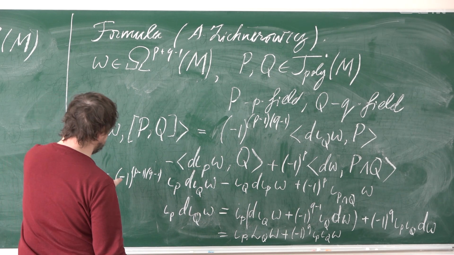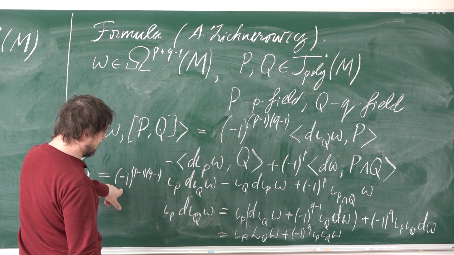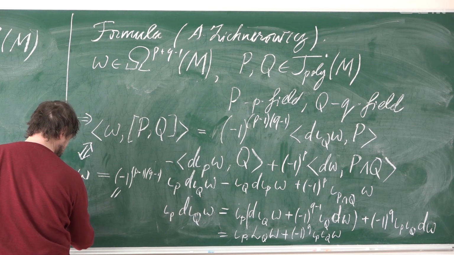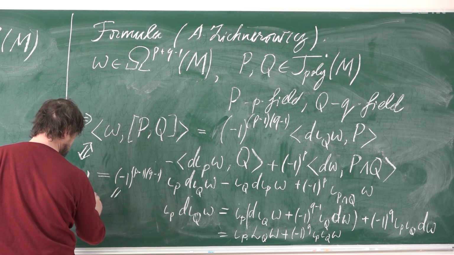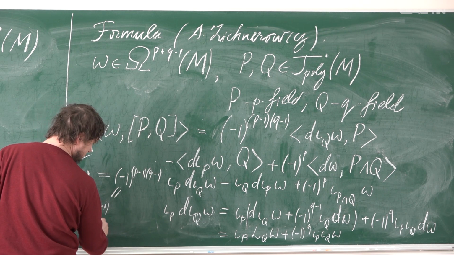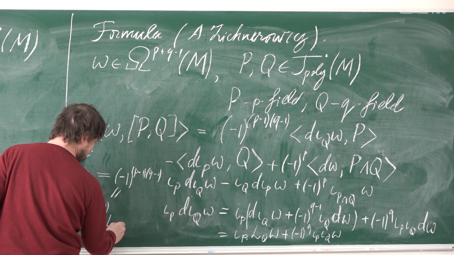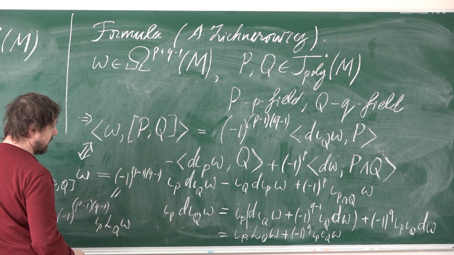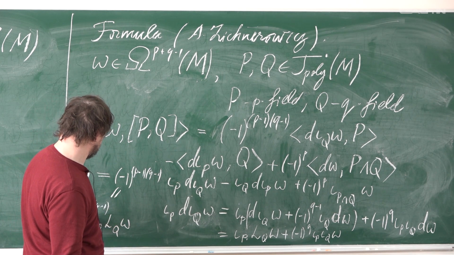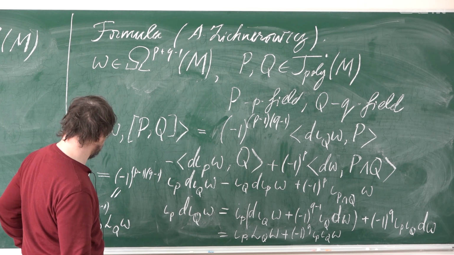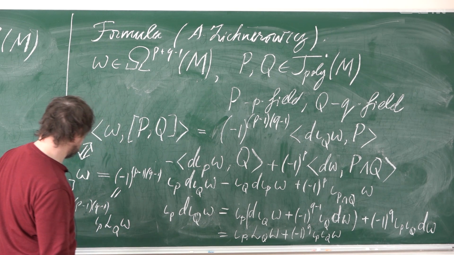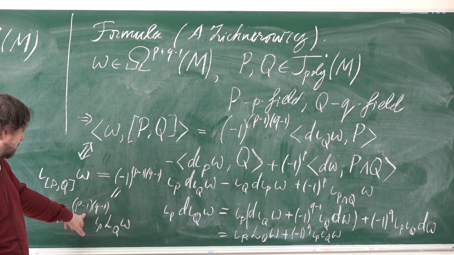Okay, so when we add this sign here, what do we get? It is equal to minus 1 to the p, minus 1 to the q, minus 1, I_P L_Q omega, right? And this sign plus q, so what is it? It is p times q minus 1, something like this, I believe. So if we add q to this, what do we get?